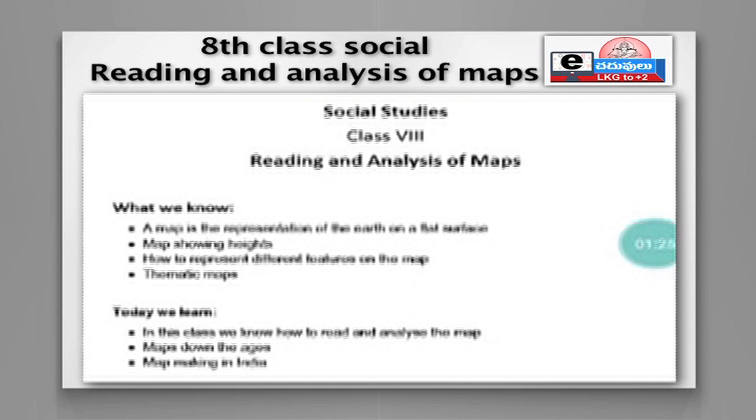Thematic maps show different themes like population, climatic conditions, agriculture, agricultural products, etc. And also, we learned that the person who makes the map is called the cartographer, and the science of making maps is called cartography.